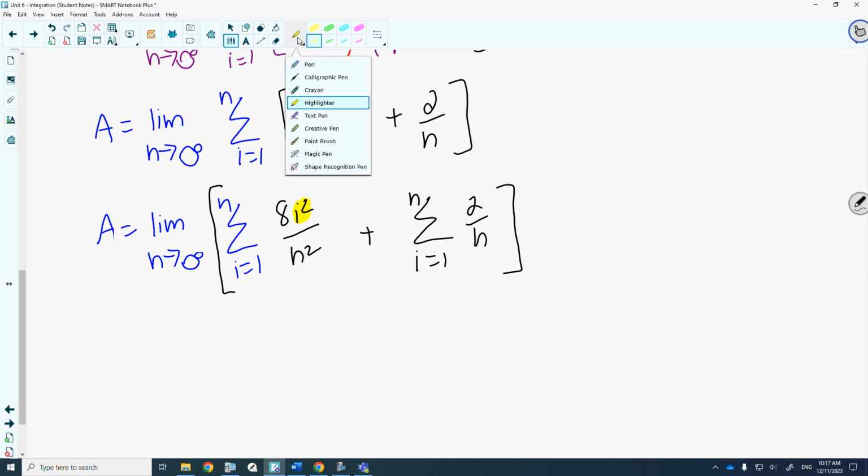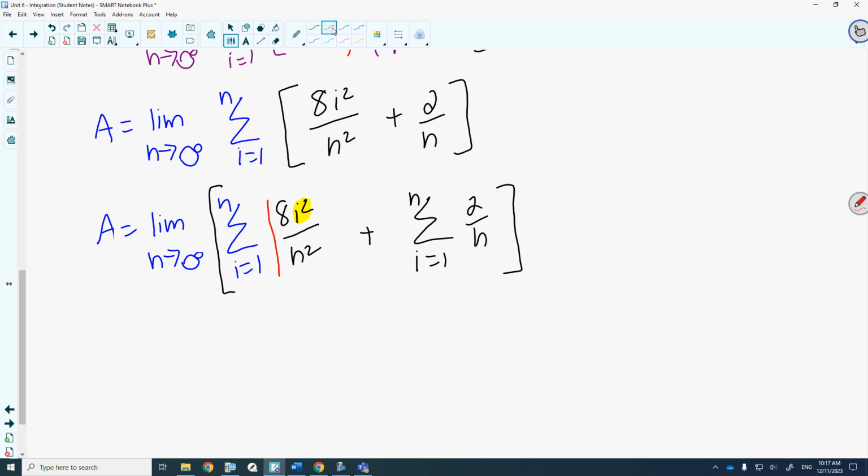So in order to isolate that, I need to bring this to the front. Over here, I don't have an i squared or i cubed, but I have a constant, and I know what the sum of a constant is. So in order to isolate that, I need to bring this 1 over n to the front of my summation.